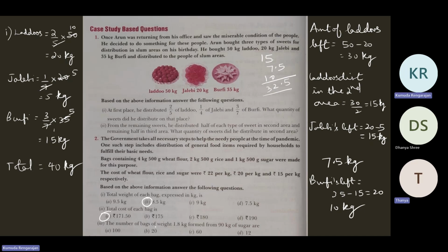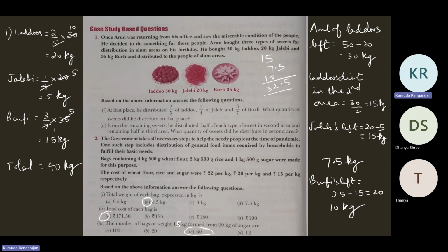I'm also getting 50, but that option is not here. That's what they might have taken it as 1.5. Maybe. Then 60 will be the answer. So 90 by 1.5 will give you 60.